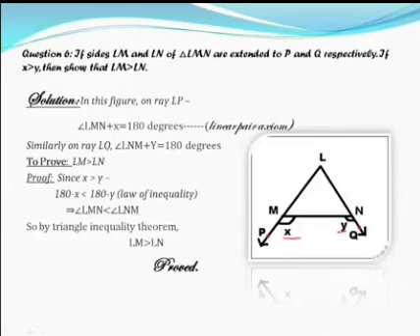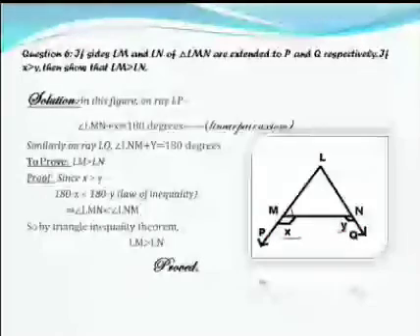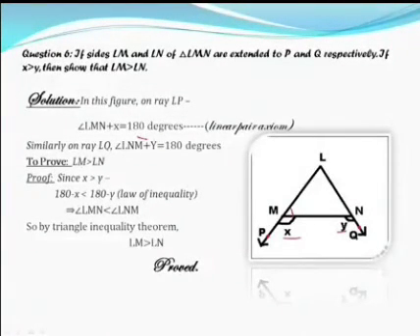In this case, on the ray LP, we can find that angle x plus angle LMN is equal to 180 degrees because they are forming a linear pair. Similarly, on the ray LQ, angle y plus angle LNM will form 180 degrees due to linear pair.